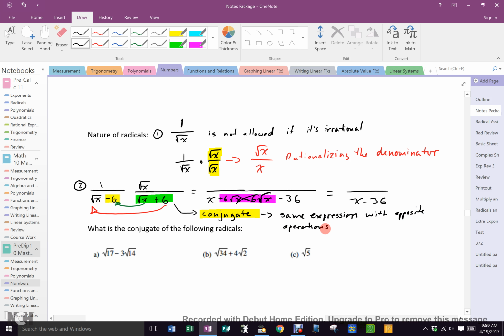Now, as you can see, we're still multiplying by 1, but we're making that radical disappear, right? So in this question, what would I need to do to make those radicals disappear? What is the conjugate? Same expression with opposite operations. So what's the first term?